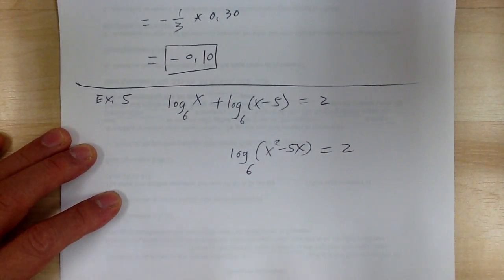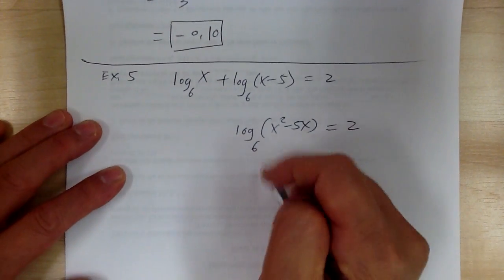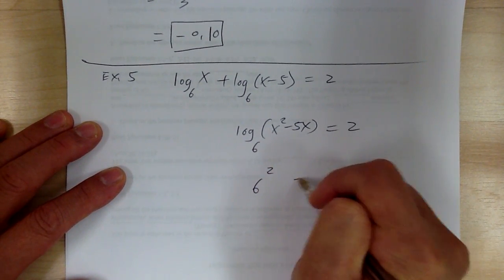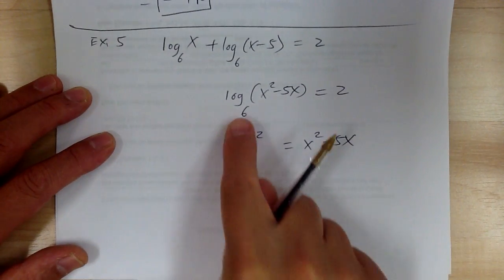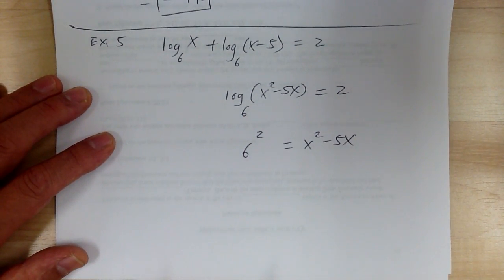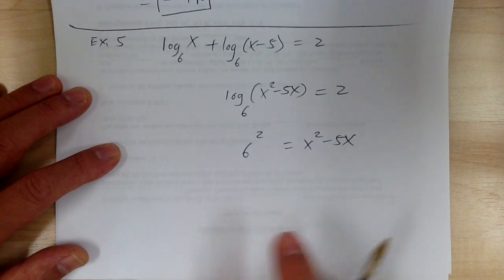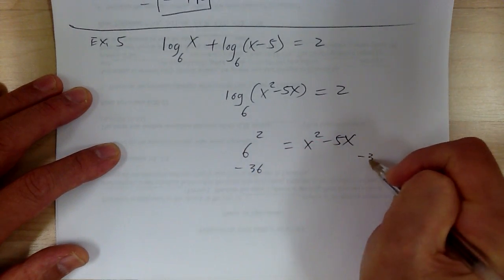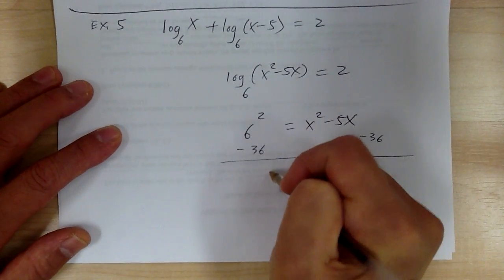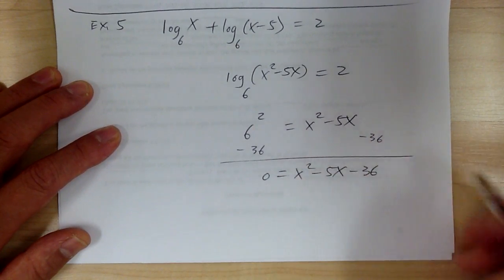So once you get a single log, you can use the change of forms. So you're going to get 6 squared is equal to x squared minus 5x. Right? And then you have to make it equal to 0 to do the factoring. So minus 36 on both sides. So you've got 0 equal to x squared minus 5x minus 36.